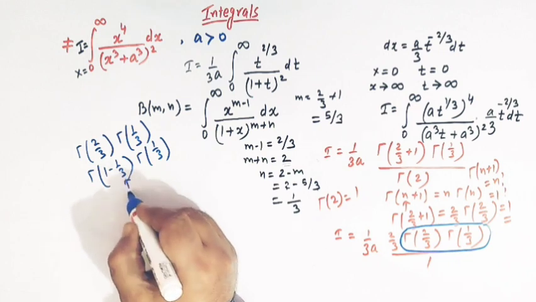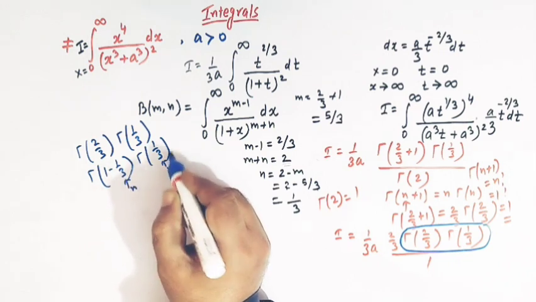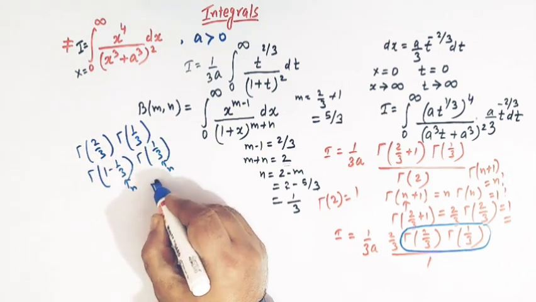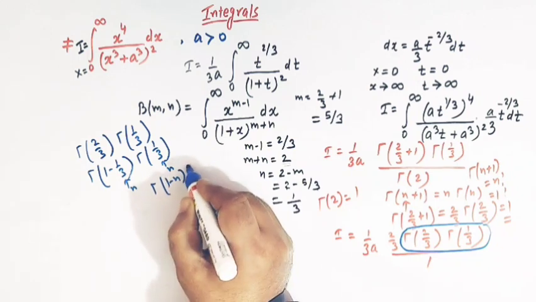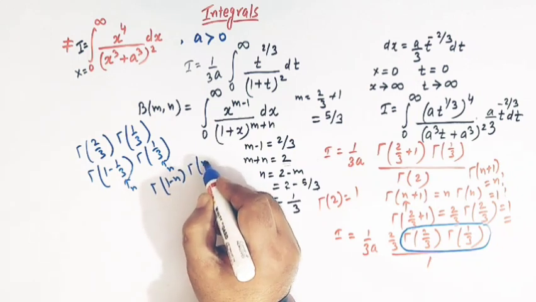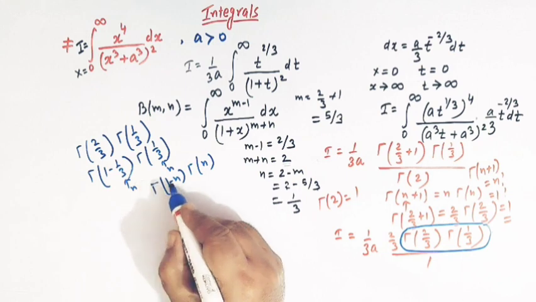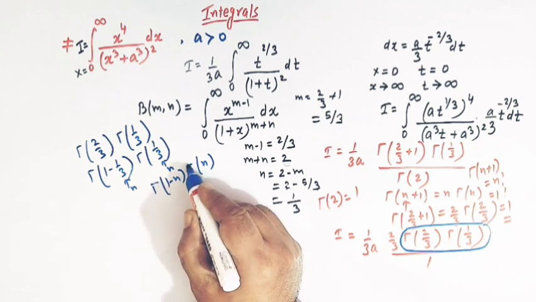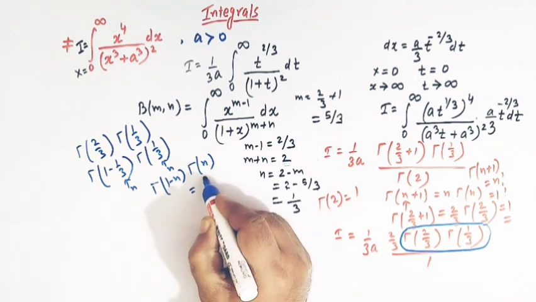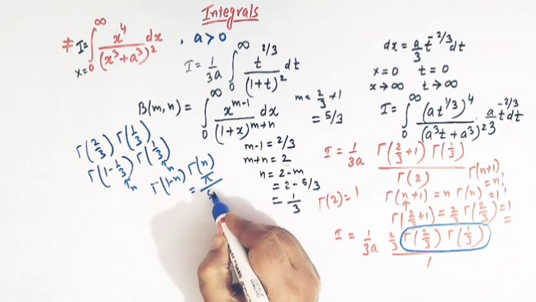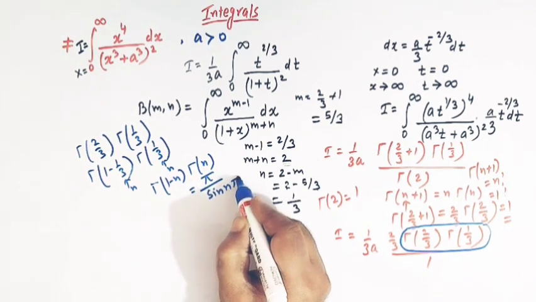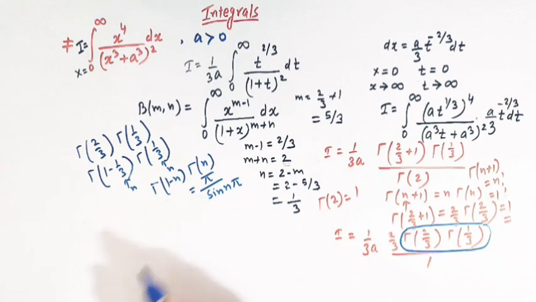Now if we take 1 by 3 as n, right? So this expression now reads as gamma of 1 minus n, and here we have gamma of n, and gamma of 1 minus n times gamma of n is equal to pi over sine n pi, right? So this is the famous Euler's reflection formula, right?